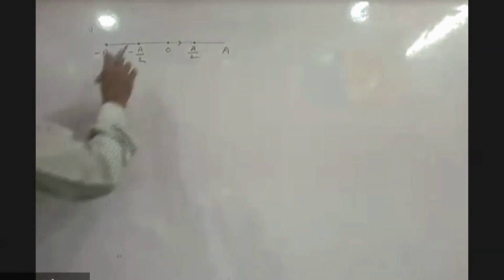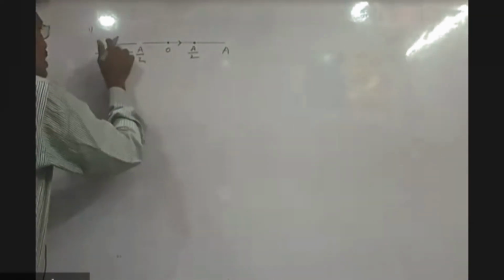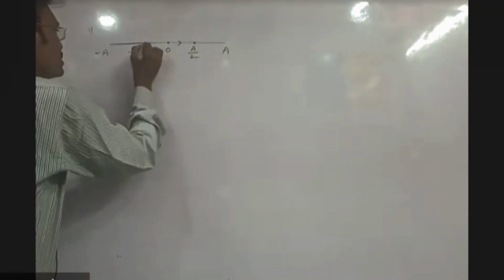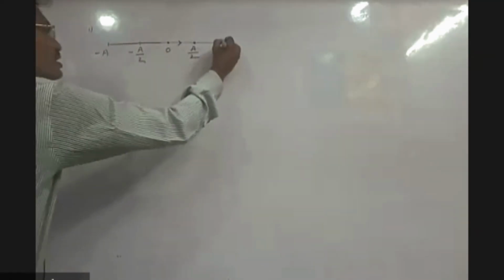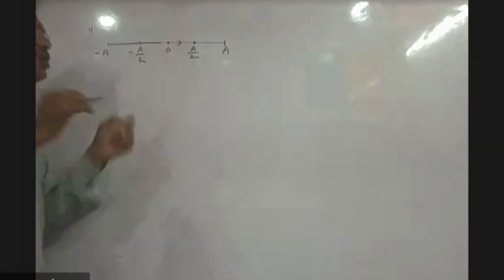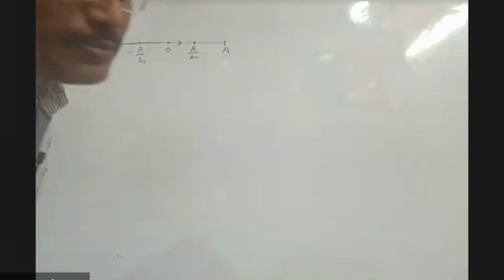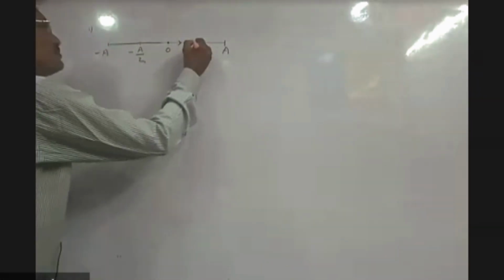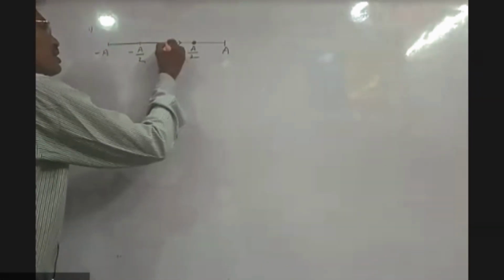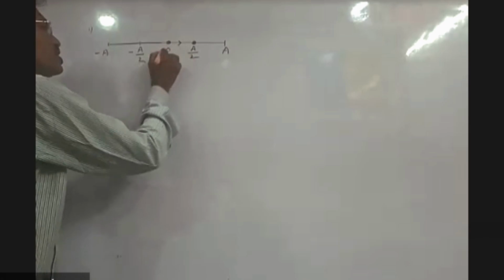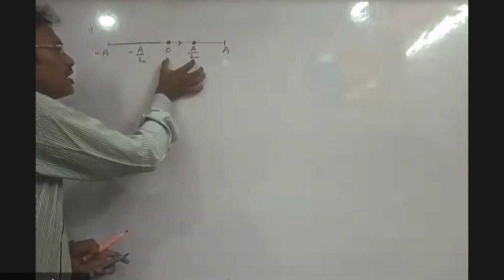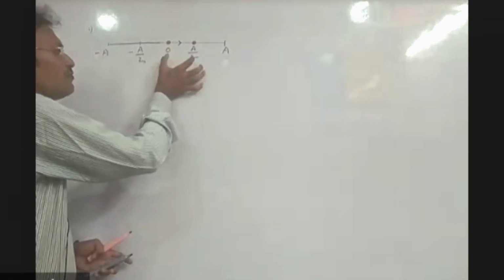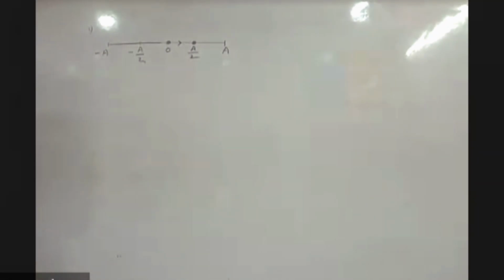So for the indication purpose, here I am taking the dot. Where the dot is present, from the mean position to this particular point, the direction is present. So in between these two, I need to consider the phase difference at first.